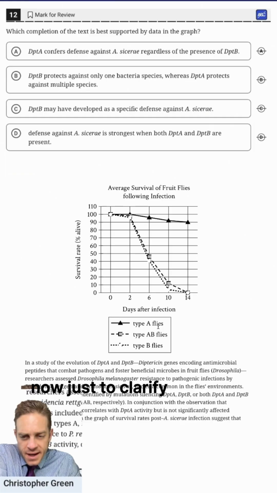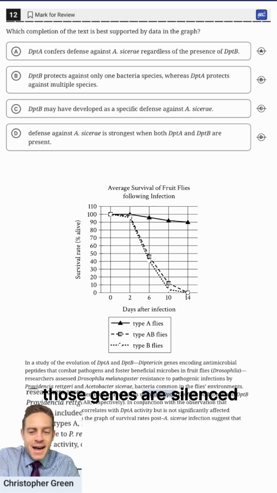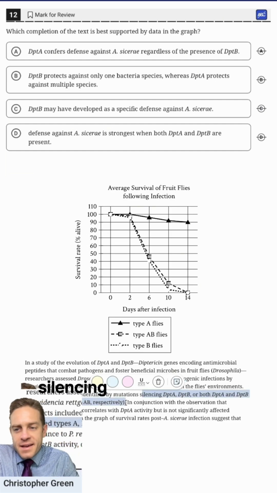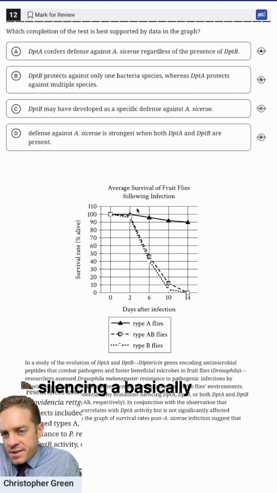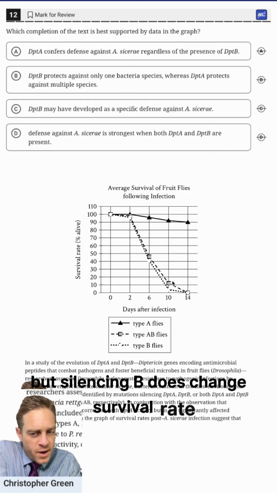Now, just to clarify, A, B, and AB mean that those genes are silenced. So if you look at the chart, silencing A basically does not change survival rate. But silencing B does change survival rate.